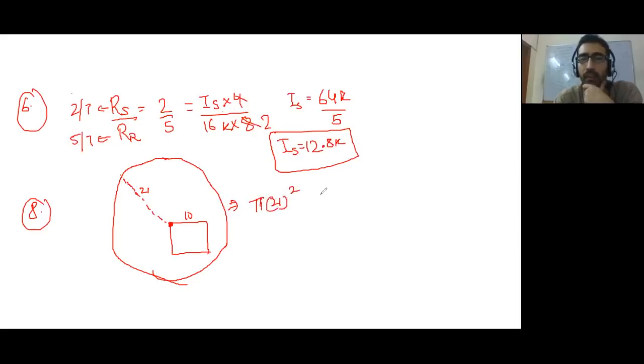This is the area the horse would have, but since it is not allowed inside this shaded portion, the square field, taking away the area of the square field, which is 10 square, should give me my answer. This should give me the area that is available for the horse to graze. Very, very simple question. I'm sure this must be the answer, pi 21 square minus 10 square.